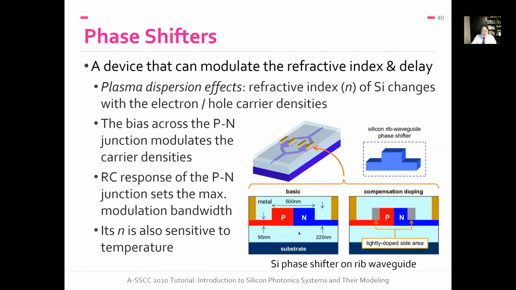And when you change the refraction index of that part, it will change the propagation delay of the light propagating through, okay? One thing to remember is that the carrier density is a strong function of the temperature. It's like an exponential function. So it's very sensitive to temperature. So later we'll see that many silicon photonic elements will have to be tuned to compensate for this temperature variation.